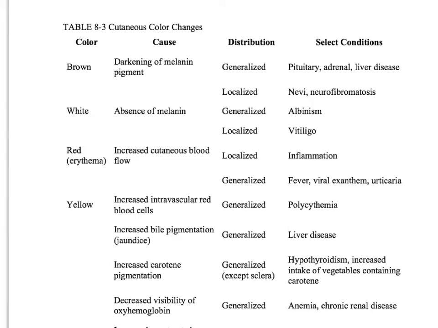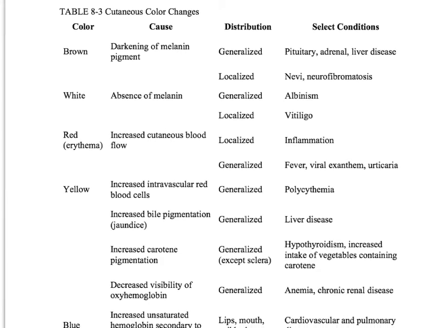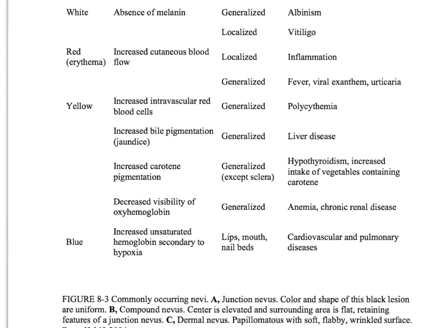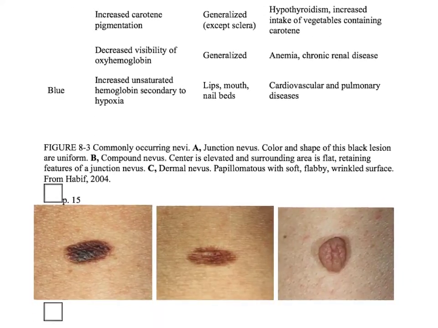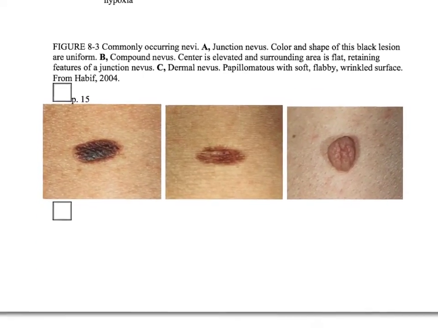These are all listed on the handout that you have. And the dark pigments can look different on different people. So you can go over this list of the colors and what they're associated with on your own. And then I want to show you some pictures.